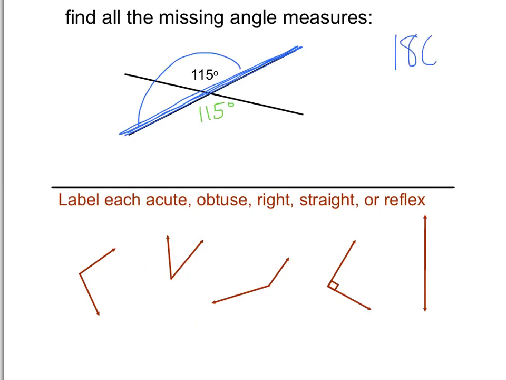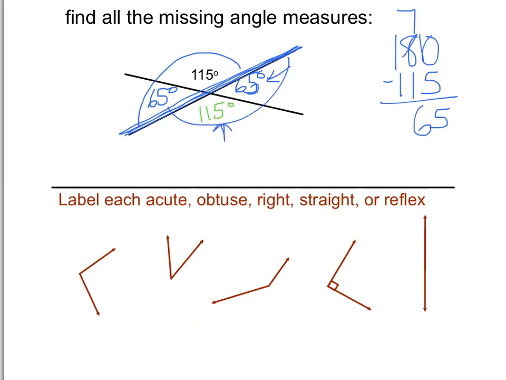So I can take 180, subtract 115, and I am left with 65 degrees. 65 degrees would go here. Now there's two ways I could tell what goes here, and that's one, that these are vertical, so they're going to be the exact same. Or I could do that exact same math problem, take 180 minus this 115 to get my 65 degrees left.